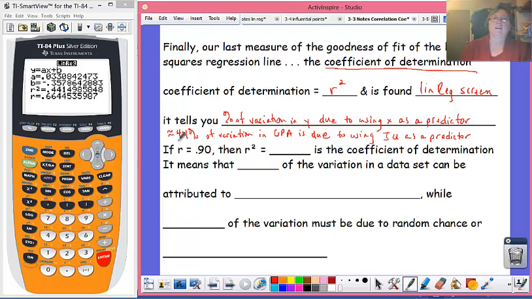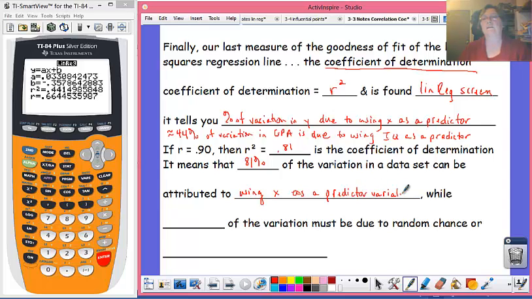So if R were to be 0.9 in some other data set, then R squared would be 0.81. That would be the coefficient of determination, and it would mean that 81% of the variation in the data set can be attributed to using x as a predictor variable.